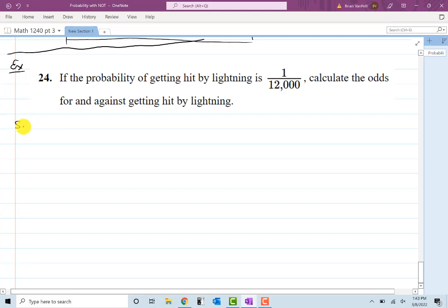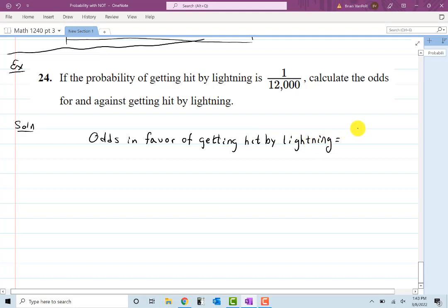Okay, for my last example then, the odds for getting hit by lightning look like the following. Let me say odds in favor of getting hit by lightning equals the probability of hit divided by 1 minus the probability of hit.